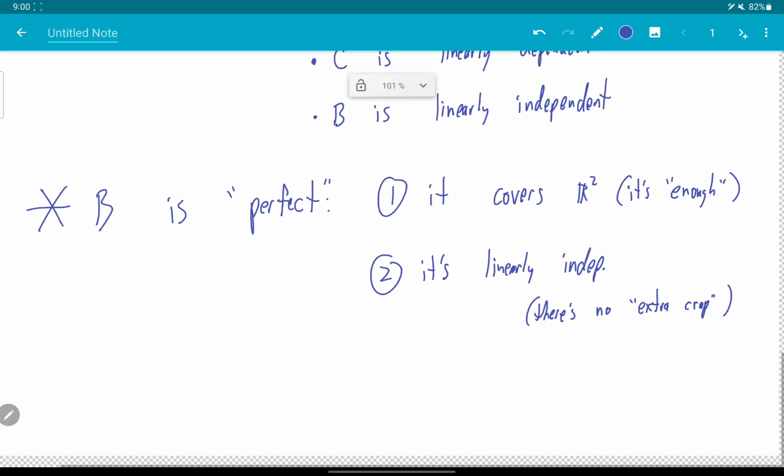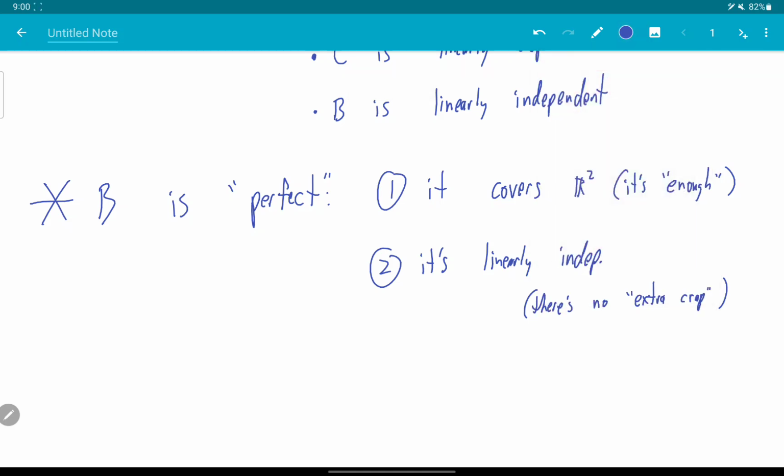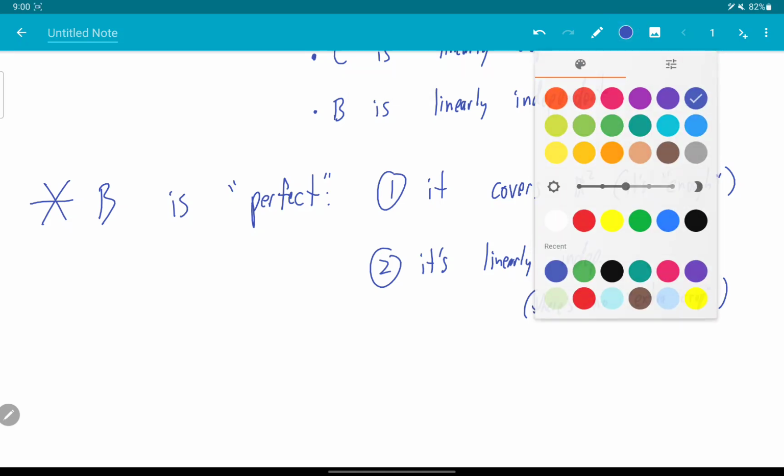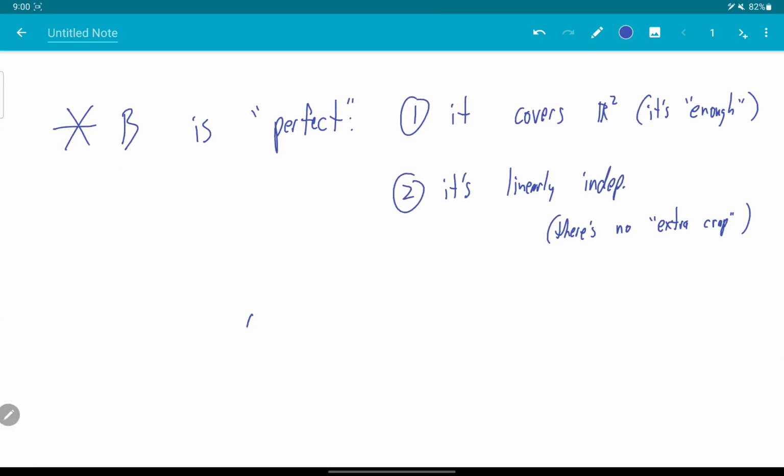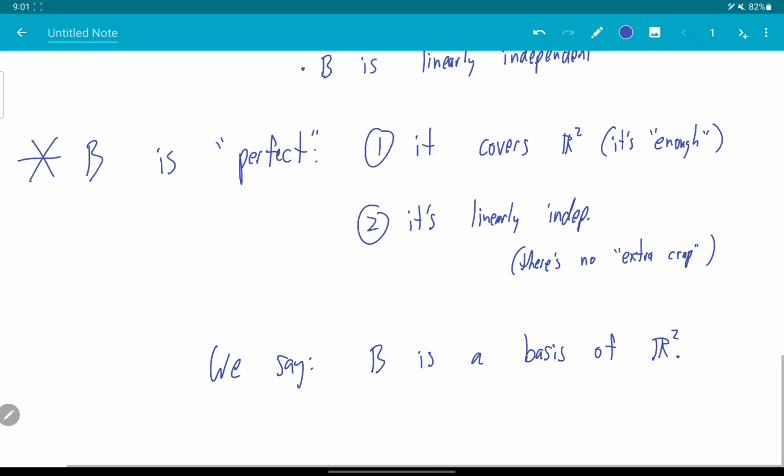So B is this perfect set. Perfect, perfect, perfect. And that's what we're going to call a basis. So we say B is a basis of R2. So it's linearly independent.